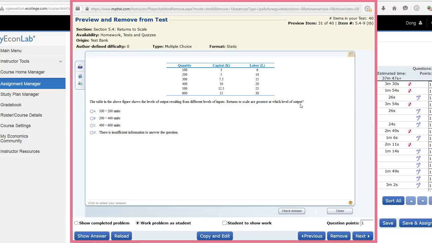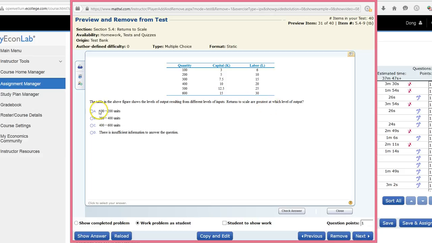So to answer this question, first we need to understand the concept of returns to scale. Then we just need to check whether the output increases more than in proportion to the increase in inputs to determine which levels of output have the greatest returns to scale.